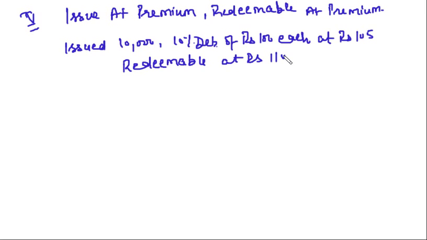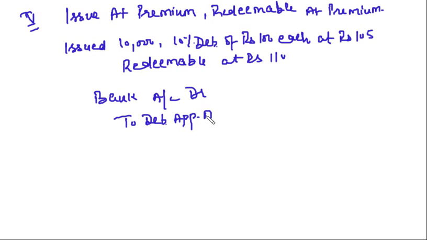Now, what is happening? What is the entry for issue? Bank account debit to debenture application account, right? How much? 10,50,000. Clear?